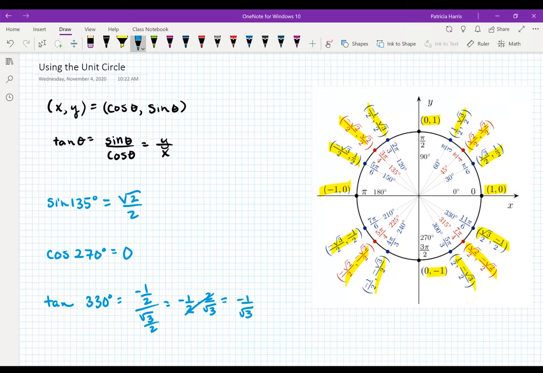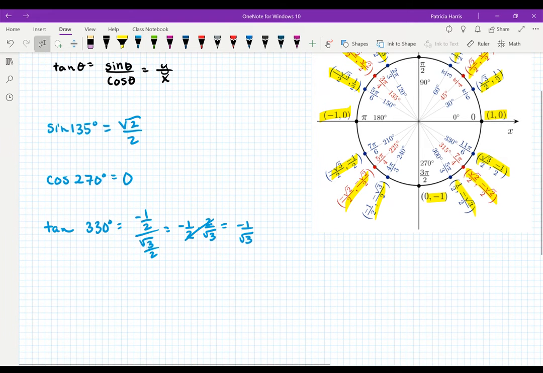Okay, so let's talk about something called rationalizing. Most math textbooks do not consider this answer complete because you are dividing by a radical. Okay, that is considered to not be polite. So what they do is they rewrite it by multiplying by a fancy form of 1, which is just radical 3 over 3.